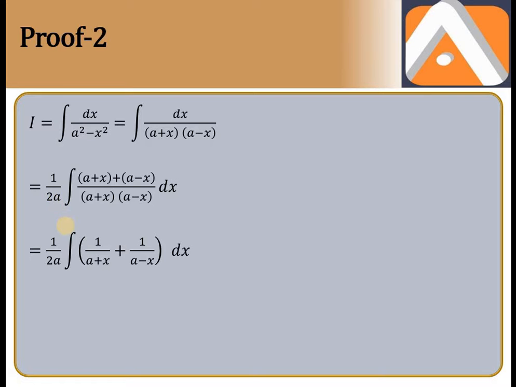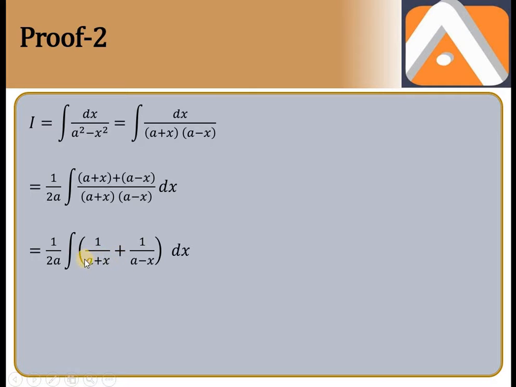Now 1 upon 2a into 1 upon a plus x plus 1 upon a minus x. If you split these terms, a plus x upon a plus x into a minus x, a plus x will get cancelled, and a minus x upon a plus x into a minus x, a minus x will get cancelled. So you will get two terms like this. Here it is a linear polynomial, this can be considered as x.